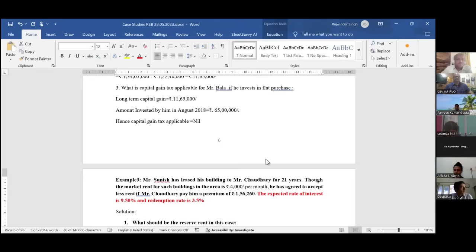So basically, these are all accounting methods. In our engineering, we know 1 plus 1 is 2. But in accounting, sometimes 1 plus 1 is 2 and 1 plus 1 is 11 also.